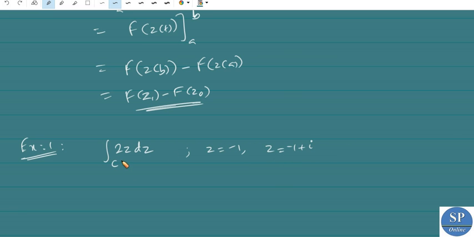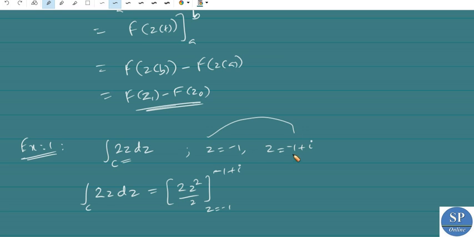Since f of z equal to 2z is analytic, by using the fundamental theorem we can write directly that the integral over C of 2z dz is equal to 2z squared by 2 from z equal to -1 to -1 plus i.